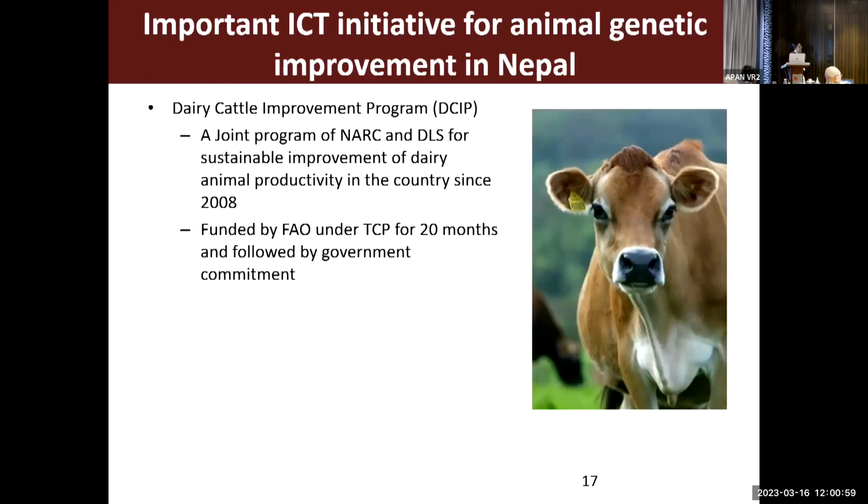Among the initiatives, the dairy cattle improvement program, which we started in 2008, is the first program in which we used ICT while improving the genetics of the animals.